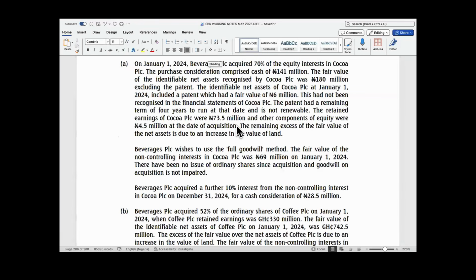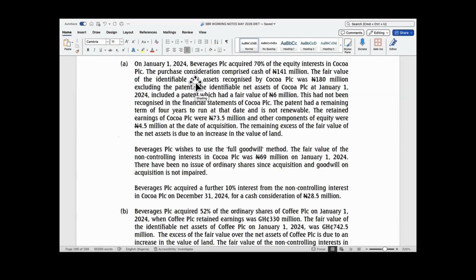Anyone who can take it up from there? What adjustment are we making? Okay, let me try that. Yeah, please go ahead. So it's actually a reduction in NCI. We restate the NCI, we reduce the NCI to the new value, and that will now be adjusted in equity.